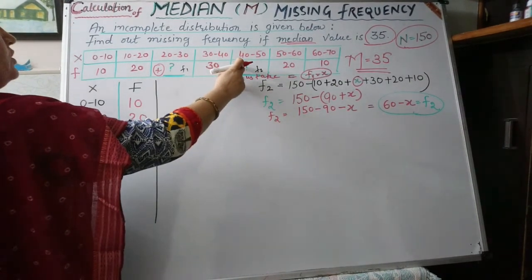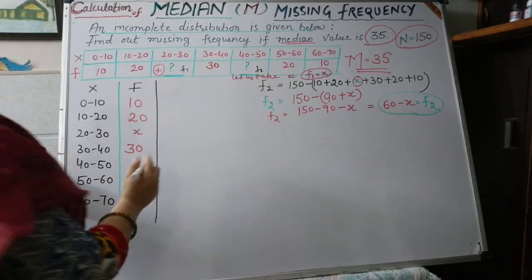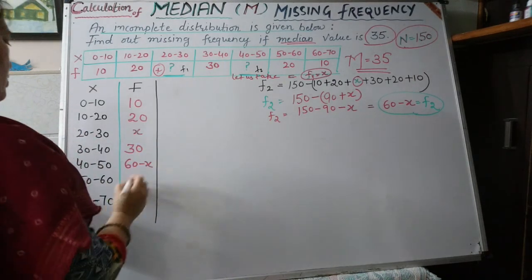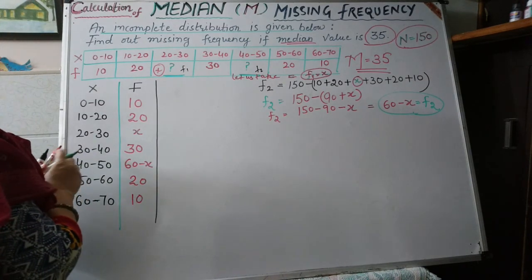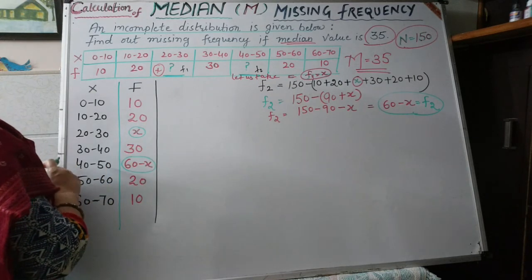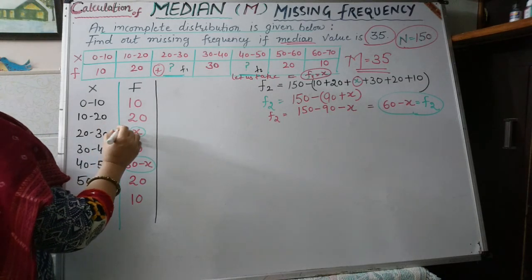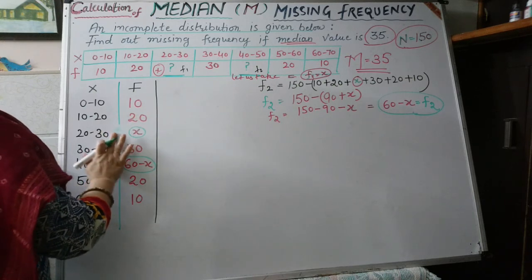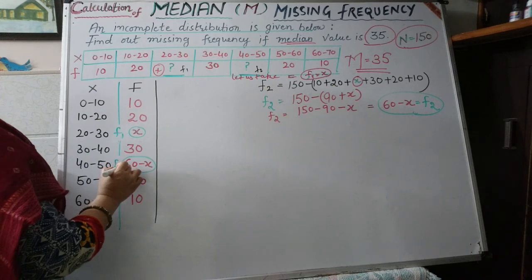Then instead of F2, I am writing down its value 60 minus x. Then the next frequency 20 and the last frequency is 10. So these two frequencies we have derived, this is F1 and this is F2.